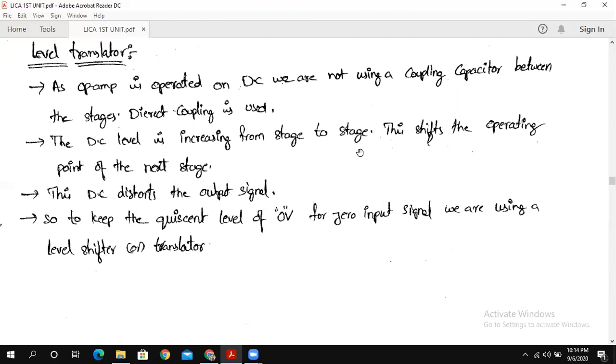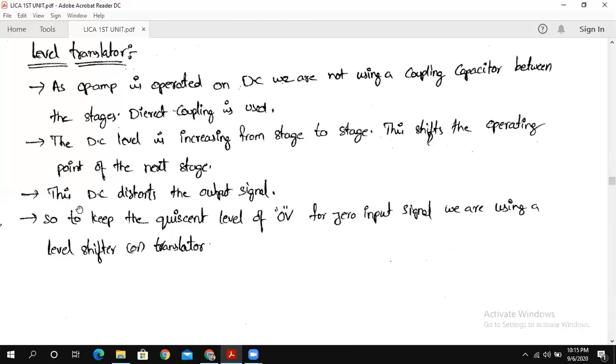So this can be overcome. This can be maintained at zero level by using a level translator, which keeps the DC level of the signal at zero. If we do not use this level translator, then this DC is going to distort the signal.